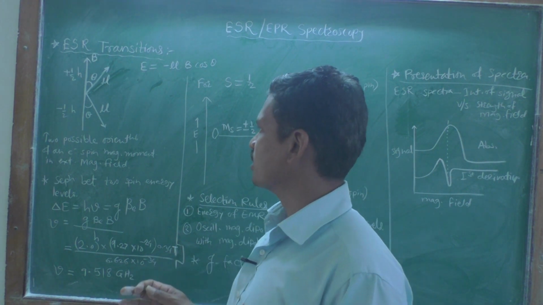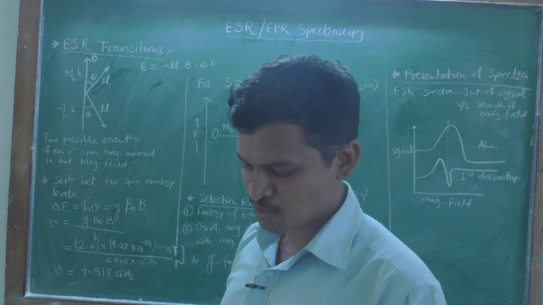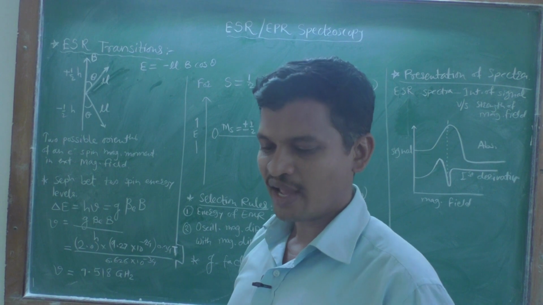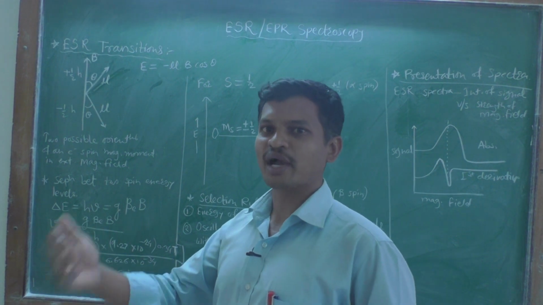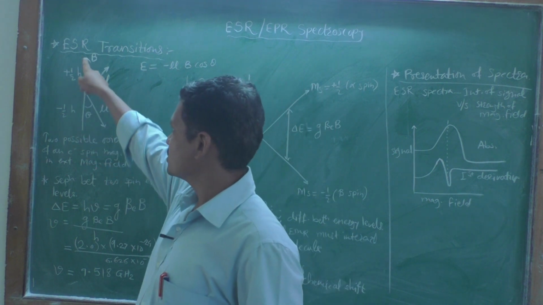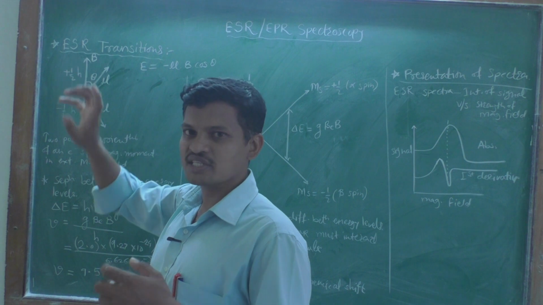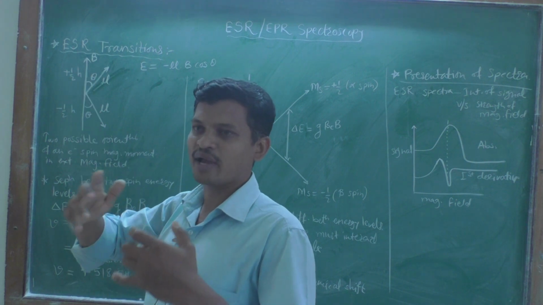Now what will happen if such an unpaired electron is placed in an externally applied magnetic field? This arrow indicates B, which is the external applied magnetic field.